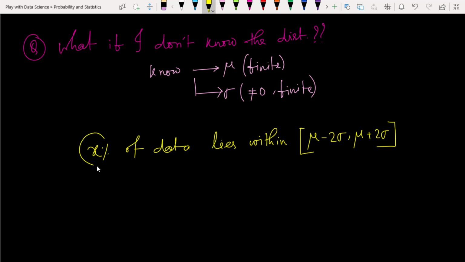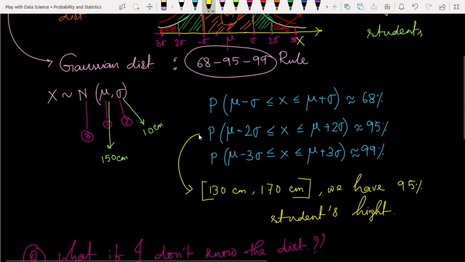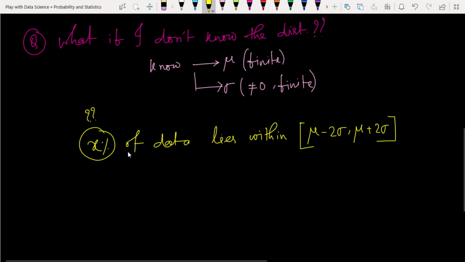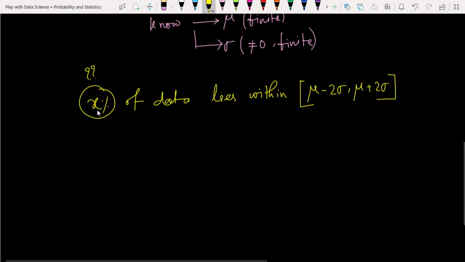What is the actual value of this x? If we know the normal distribution, we can conclude that in this range we have 95% of the points. If we don't know the distribution, how can we conclude how many points lie in this range? This is the first question.